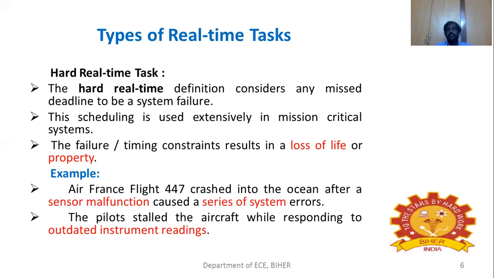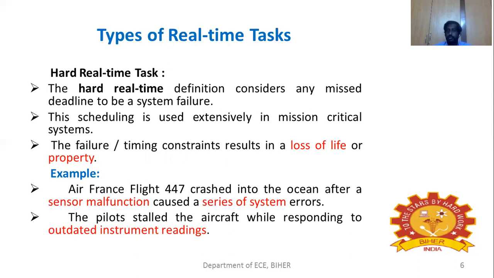So what are the types of real-time tasks? The first one is the hard real-time task. The hard real-time definition considers any missed deadline to be a system failure. If a process does not complete within the deadline, that is considered a failed task and a system failure.